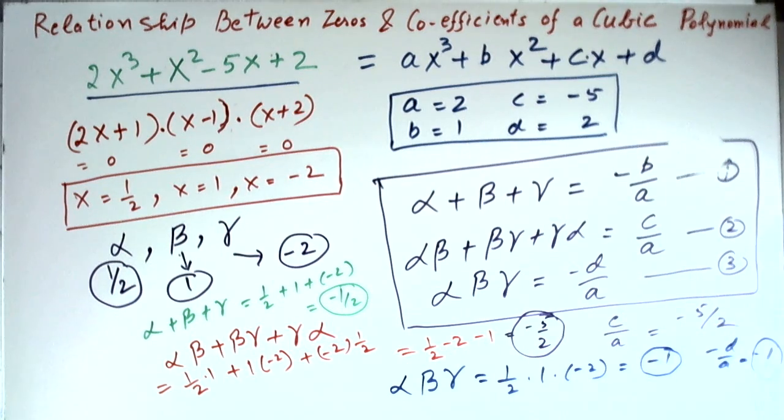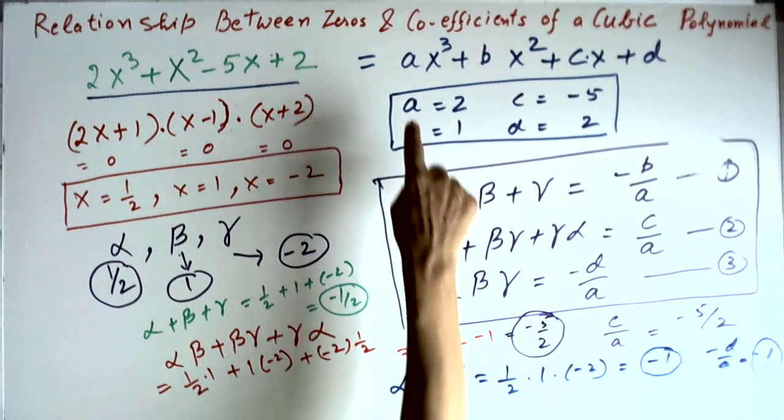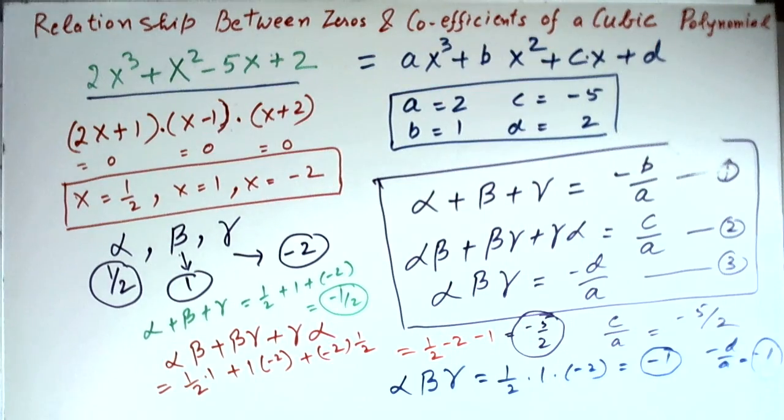By knowing this relationship, if we know the zeros of a polynomial, then we can determine the polynomial by arriving at the values of the coefficients and then replacing a, b, c and d in the standard polynomial.